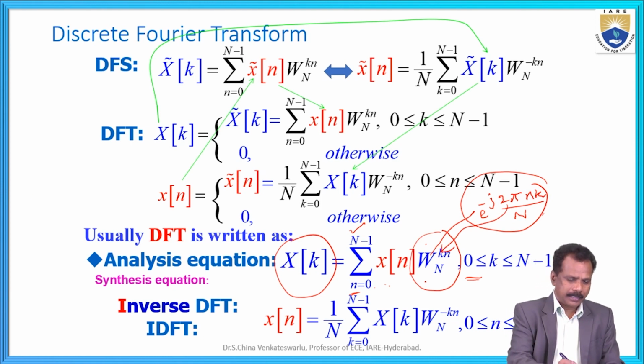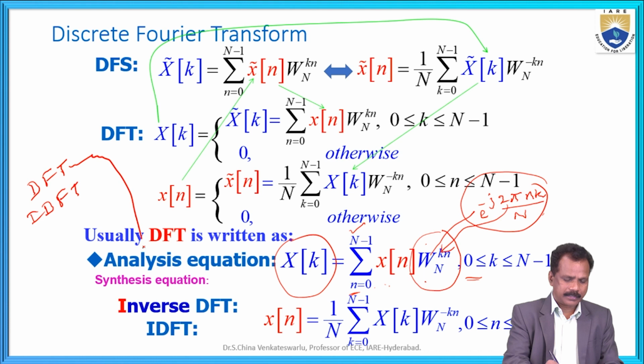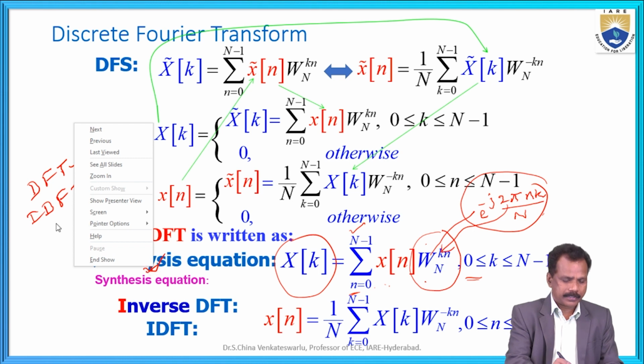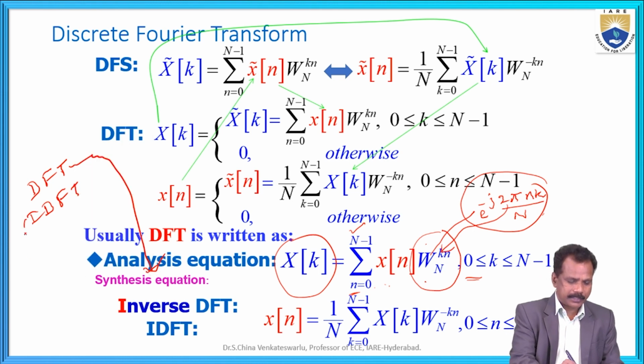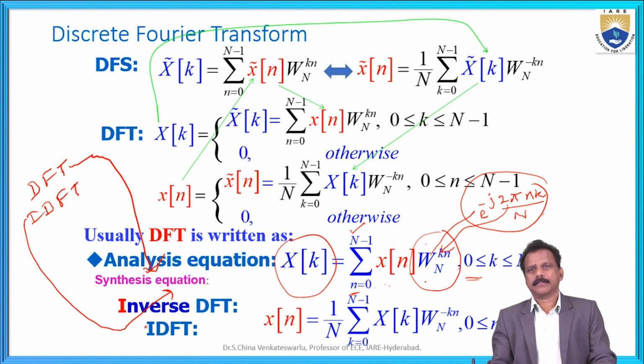So you can represent the discrete Fourier transform versus the inverse discrete Fourier transform, where the DFT is the analysis equation and the IDFT, the inverse discrete Fourier transform, is the synthesis equation.